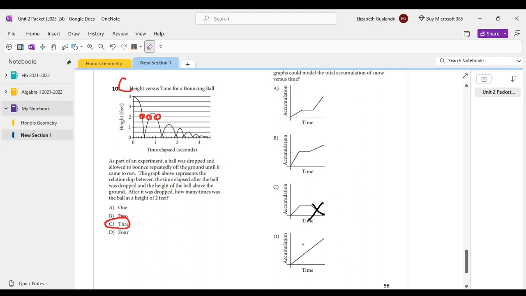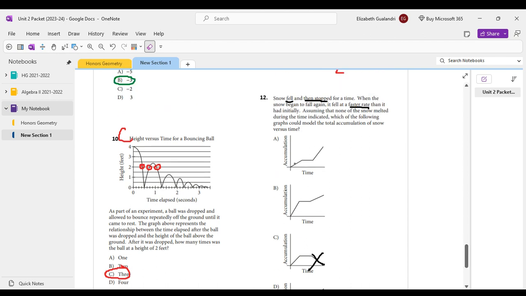It never stopped accumulating. So that one is out of the picture. So we're looking at these two. The accumulation in A is slow compared to this one, which is fast. And that's exactly what I want. I want it to be faster at the end, versus this one, which is fast and then slow. So letter A is my final answer here for number 12.